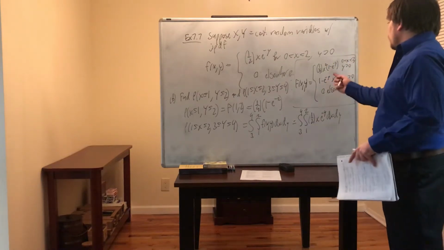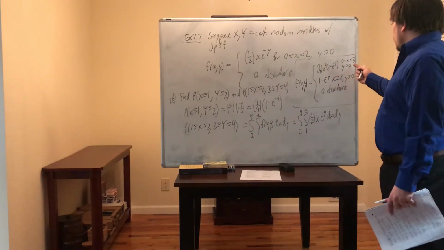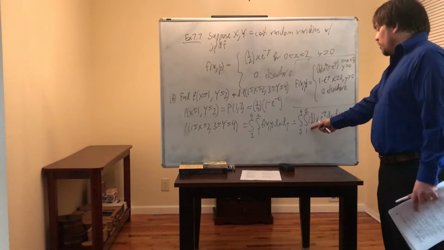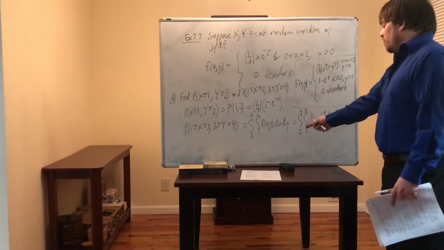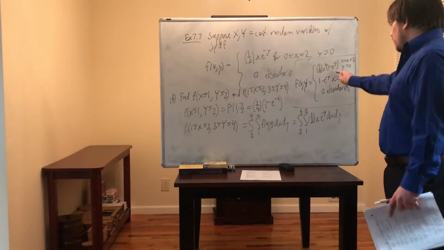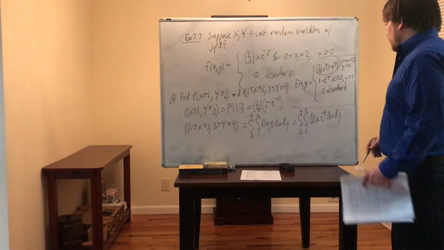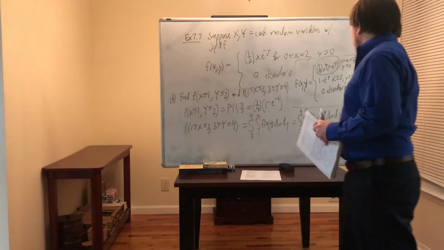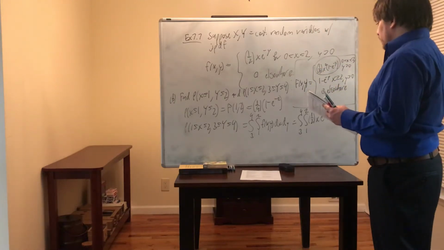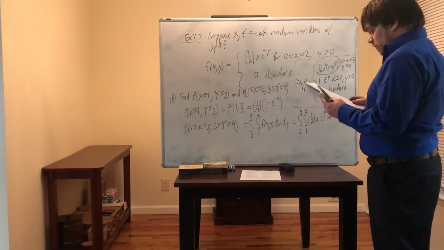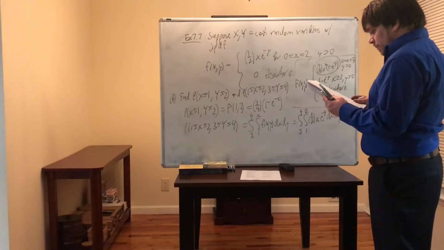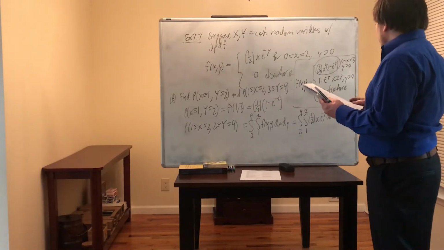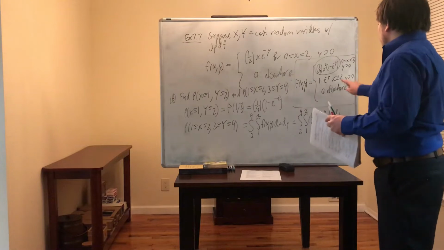And that's because we're looking at x values between 0 and 2. When it goes from 1 to 2, it's between 0 and 2. And from when y is 3 to 4, y is positive. And so we're using this part of capital F for... oh no, sorry, not there.